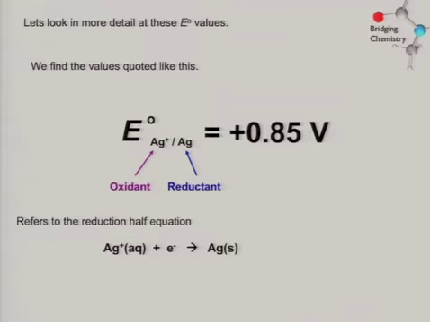This is one reason why I don't like this idea about calling it an electrode potential. There's all sorts of good reasons why they can say, oh, well, it's better than reduction potential. But if you call it the reduction potential, then you know what you're talking about. It refers to this sort of reaction, where something is being reduced. Whereas if you say it's an electrode potential, then you don't necessarily know.